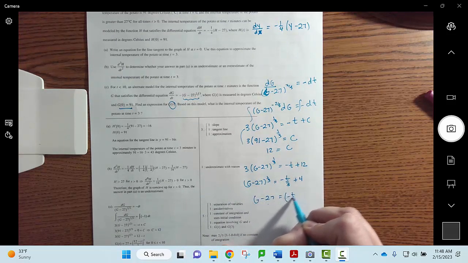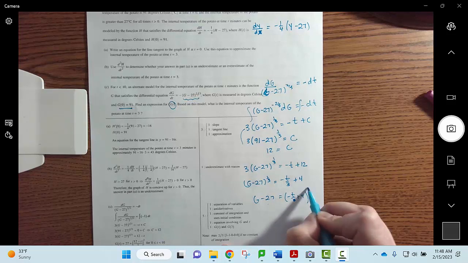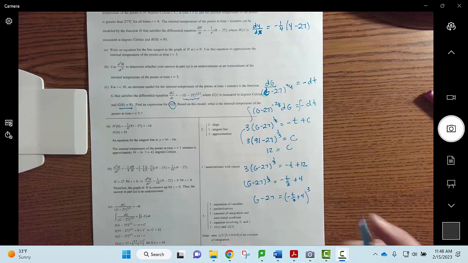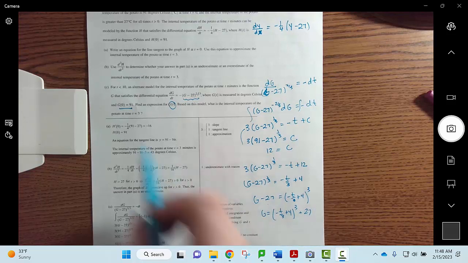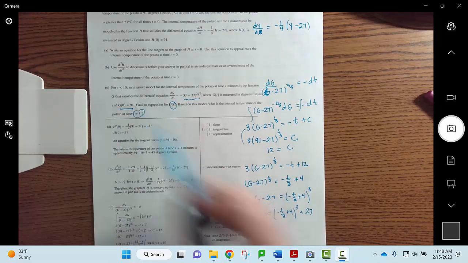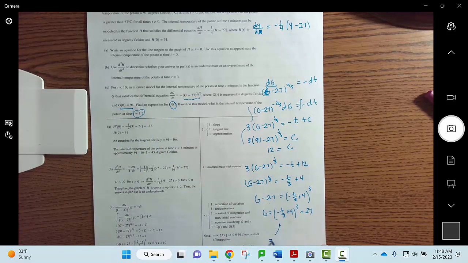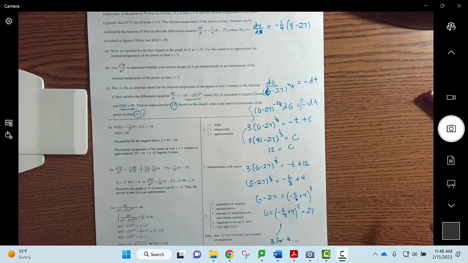And this whole thing gets cubed separate. I can't separate them. It's kind of all together there. So I would get g equals that stuff cubed plus 27. And then the final thing is it's your job to plug in the 3. So now plug a 3 in for time. And that's how they get their final answer.